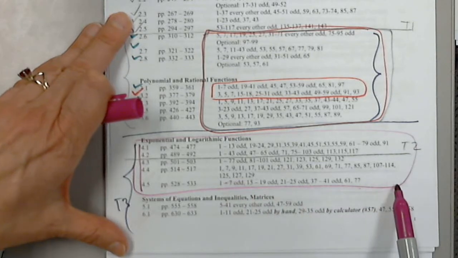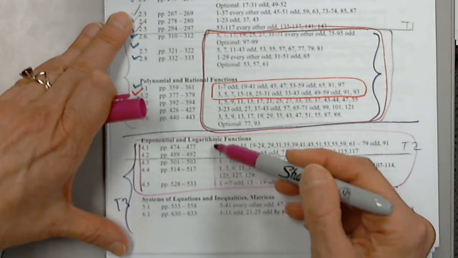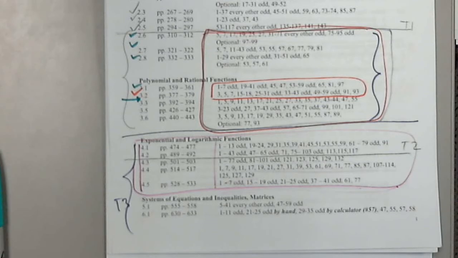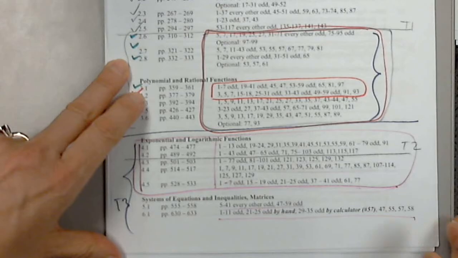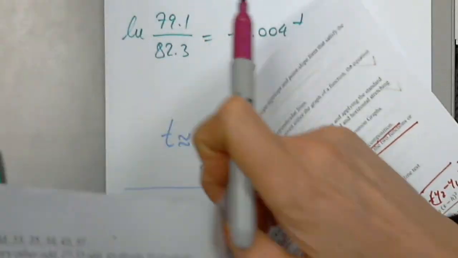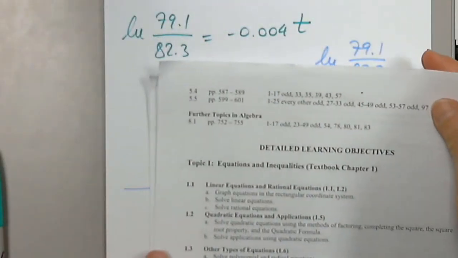There is no way I can finish everything, so if you find anything in there, we'll do it in class together. Right now we are looking at these two sections, and there are three sections left afterwards.